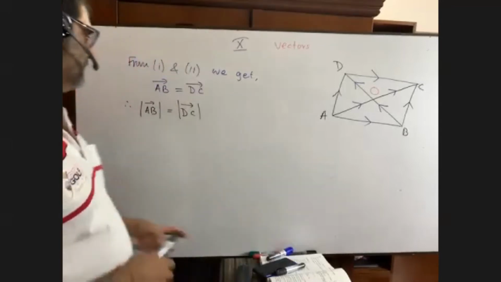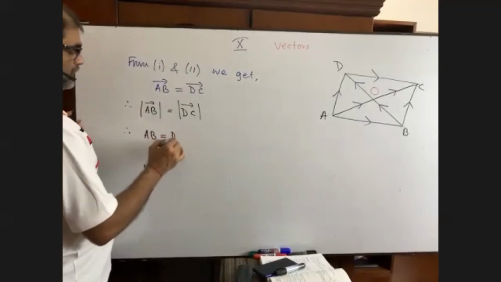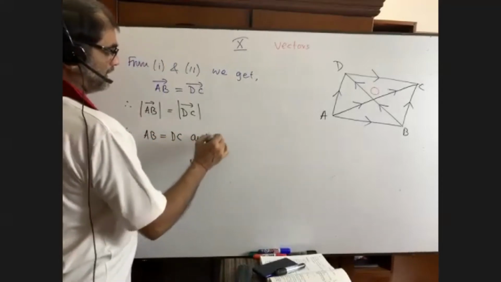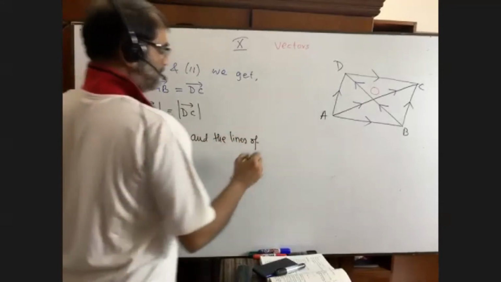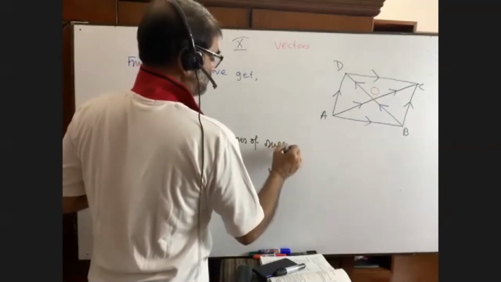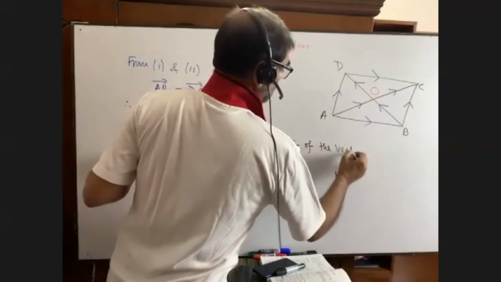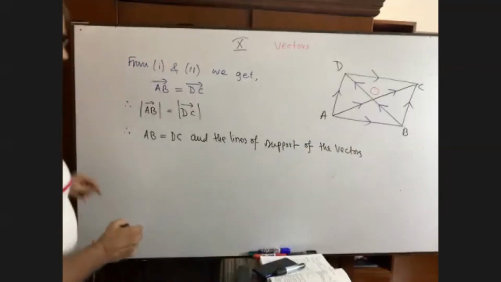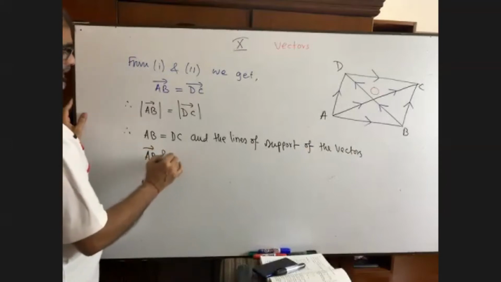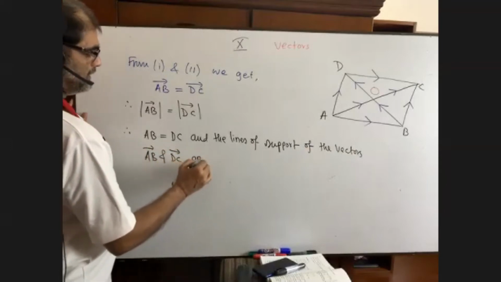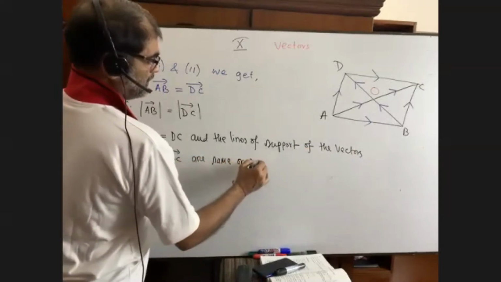That means, therefore, we have to write AB equals DC and the lines of support of the vectors AB and DC are same or parallel.